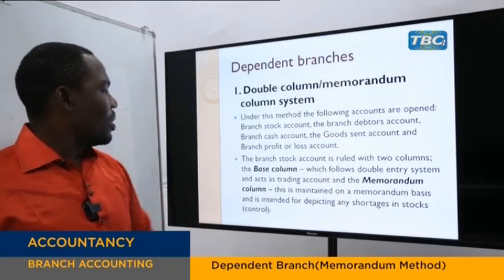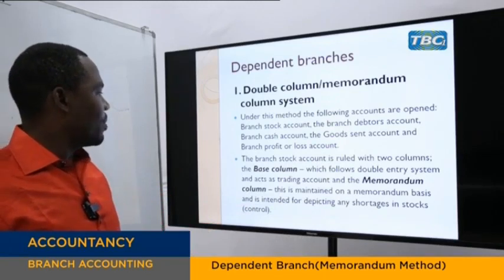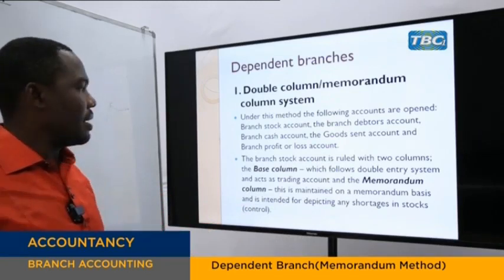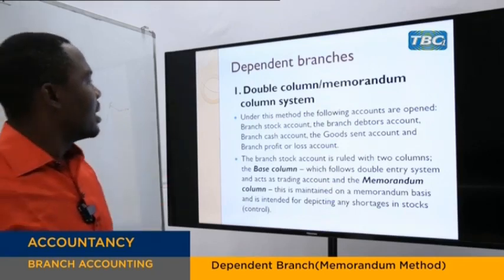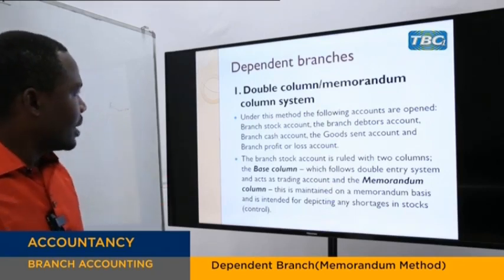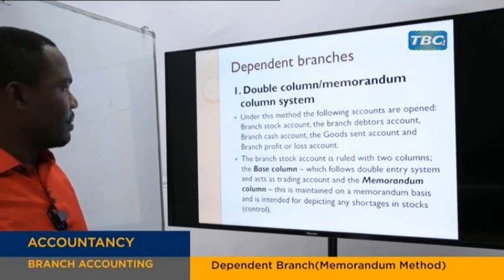Finally, you need to open the branch profit or loss account. These are the main 5 accounts to be opened under the double column system.